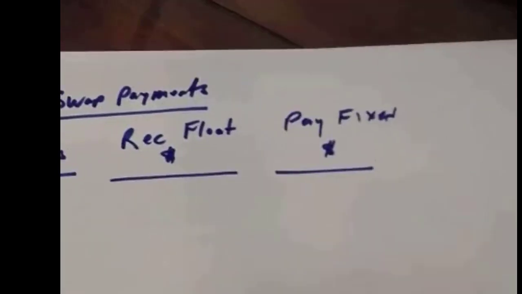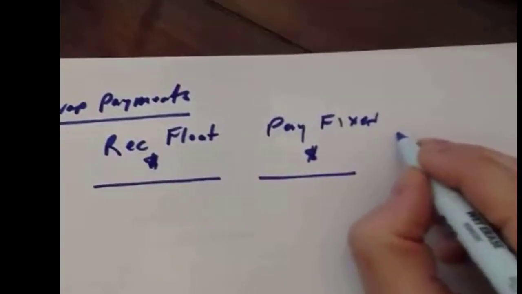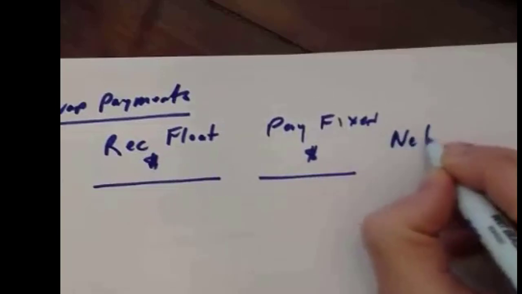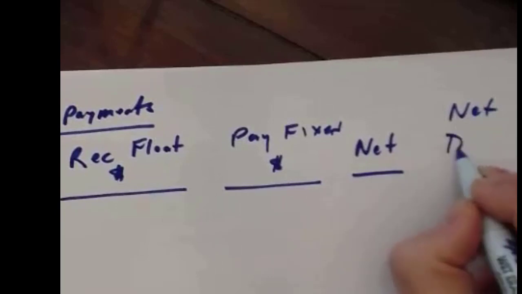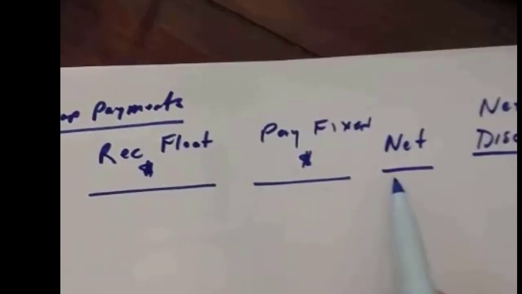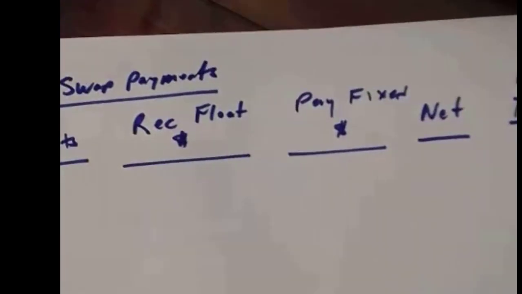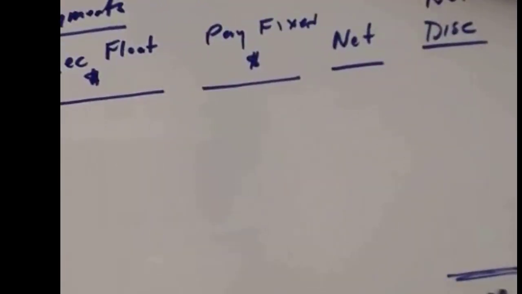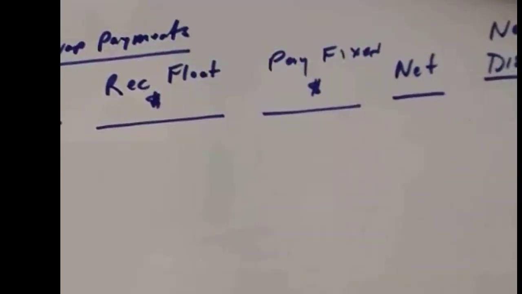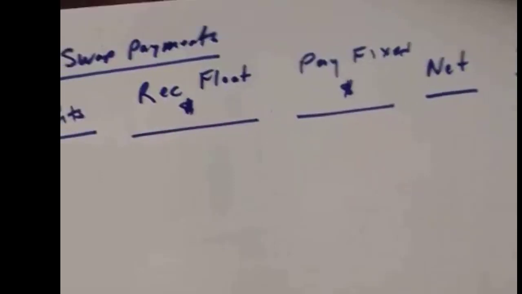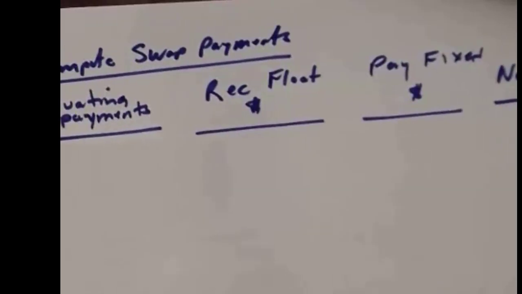We're going to calculate a net in dollars, and I'm running out of room, but we're going to put net discounted, because we need to discount the net amount in dollars. And it's this bottom line that's going to net out to zero, basically, is where we're going. In other words, the present value of the cash flows will net to zero if interest rates pan out exactly like as is expected in the yield curve.